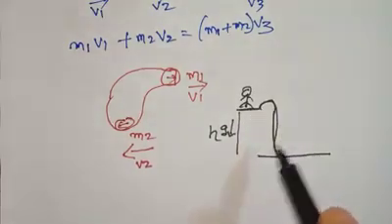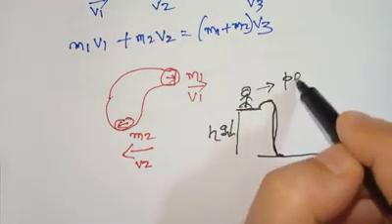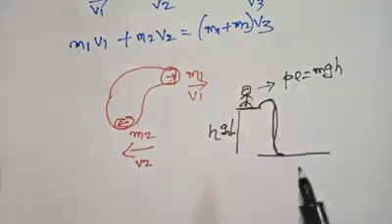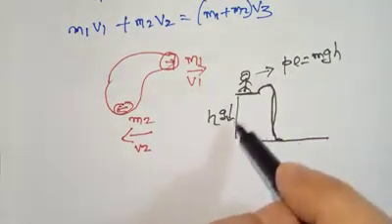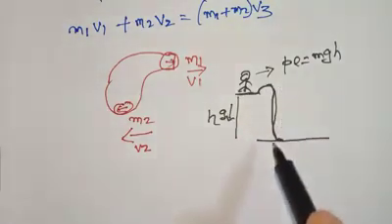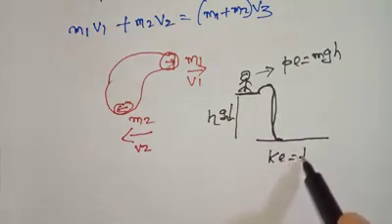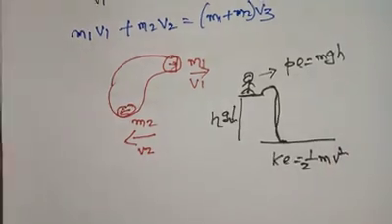The potential energy is given by height, so it is mgh. This is mass, this is gravitational acceleration, this is the height h. So your entire potential energy is going to get converted to kinetic energy, which is half of mv squared, which we found in the previous equations.